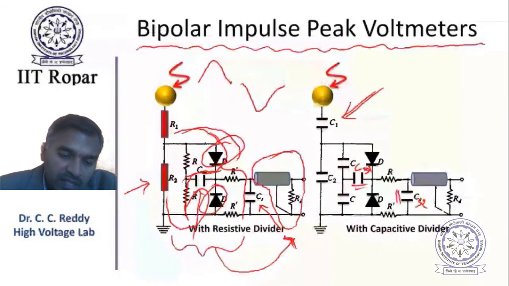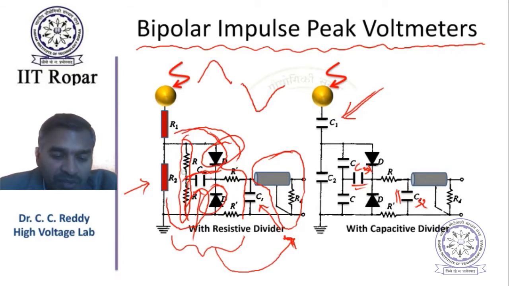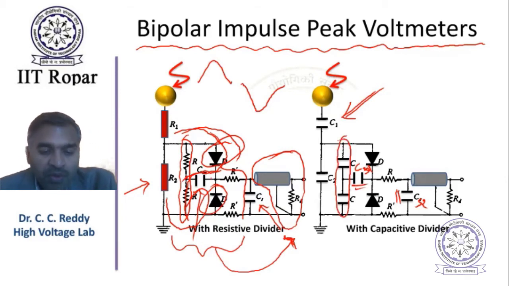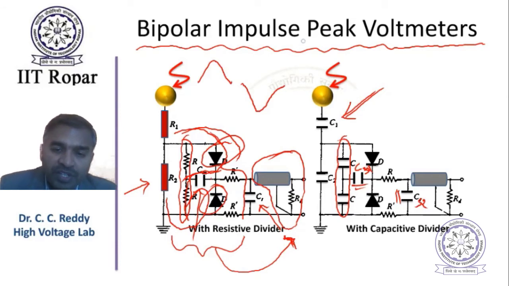Again here there is a resistive divider which terminates at the central portion, because we should have symmetry as far as positive impulse and negative impulse are both considered. So this kind of arrangement is used. Okay, so this is a bipolar impulse peak voltmeter. So it can measure both polarities.